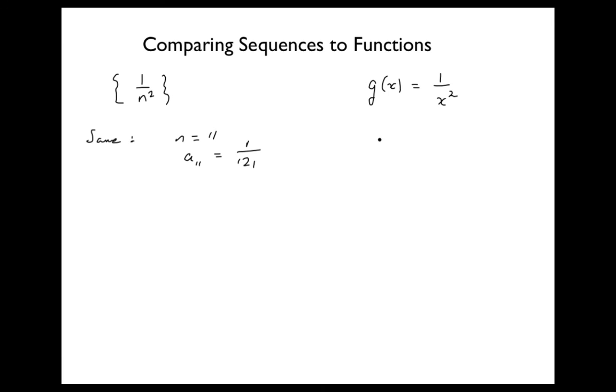And how would we express that same kind of idea with a function? g of 11, right? g of 11 would be that same result, 1 over 121.